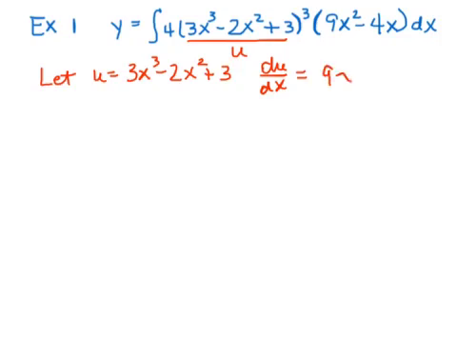And so we've got 9x squared minus 4x. Well, if you take a look at this, we see this somewhere in our original equation. This 9x squared minus 4x matches this, so we can see that's going to be our derivative part. So I want to rewrite the derivative by multiplying the whole thing by dx.